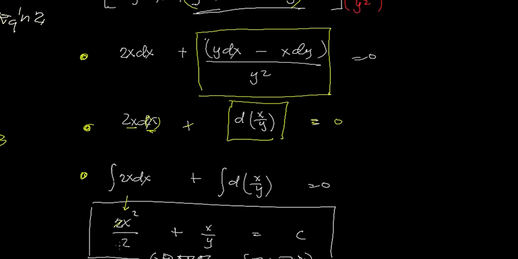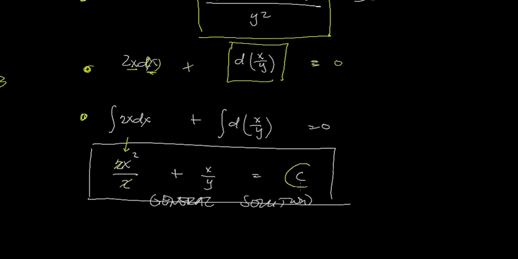We can cancel this out, and this term here is also integrable. The integral of this derivative is x over y, and then plus c.